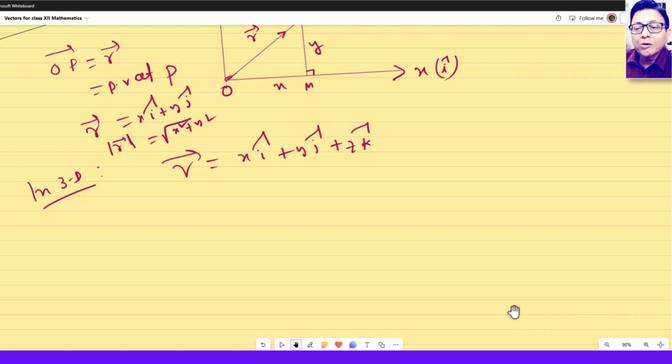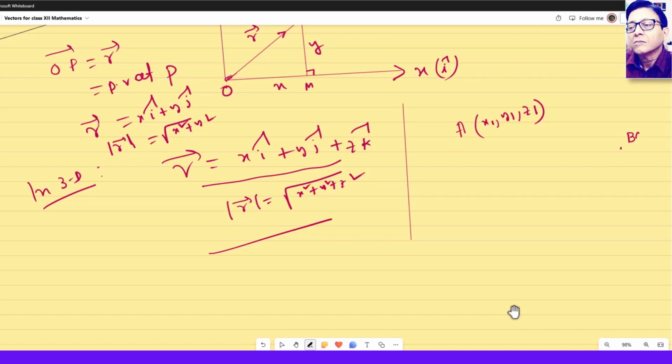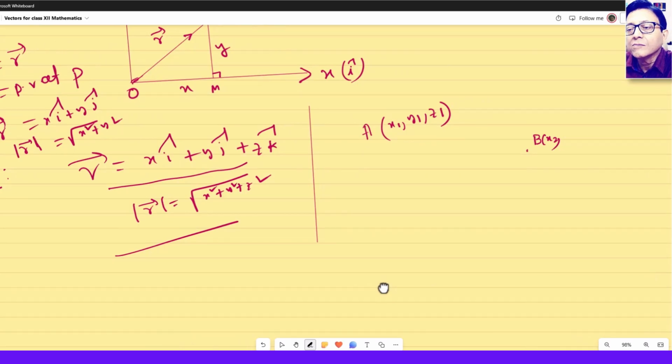Now, suppose you want to find the vector joining two points. 3D representation we did before, modulus you all know, and direction cosines also we have done. Now the problem is to find the direction ratios and direction cosines of the vector joining these two points.